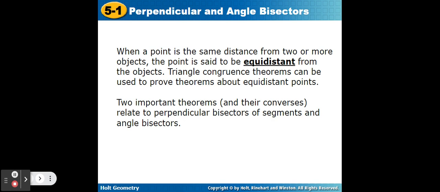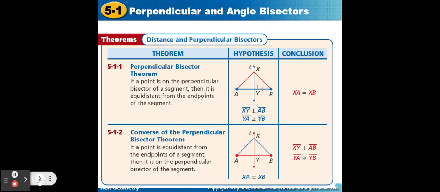So again, these two important theorems and their converses relate to perpendicular bisectors of segments and angle bisectors, and we used properties of congruent triangles and CPCTC to prove them. So perpendicular bisector theorem: if a point is on the perpendicular bisector of a segment, then it is equidistant from the endpoints of the segment.